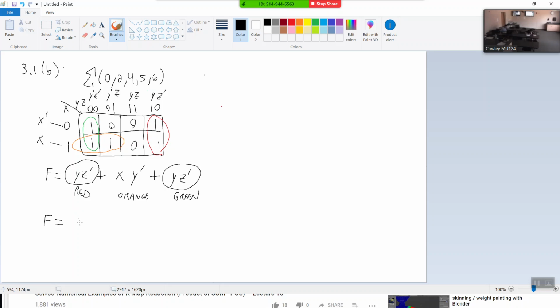What happens when they're the same? 1. I think isn't it like X plus X is equal to X? I think you're thinking when you multiply them. But I could be wrong. My memory's not that great. Is it? Okay. So YZ prime plus YZ prime gives us YZ prime.